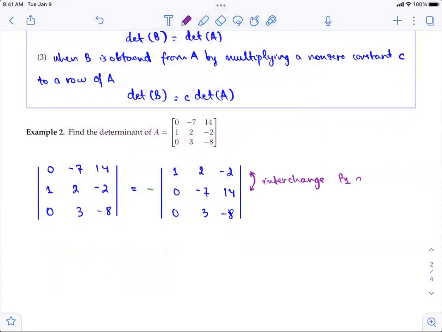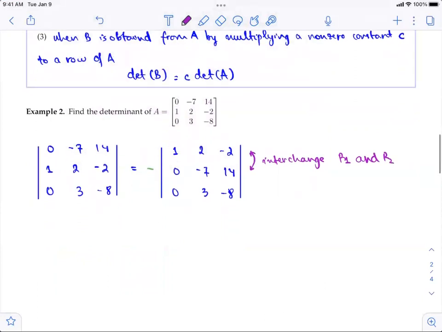Change row 1 and row 2, so that's what we did. Now, in the next step, what we want to do is multiply the second row by -1/7. In other words, we factor the value -7 out of the second row, right?